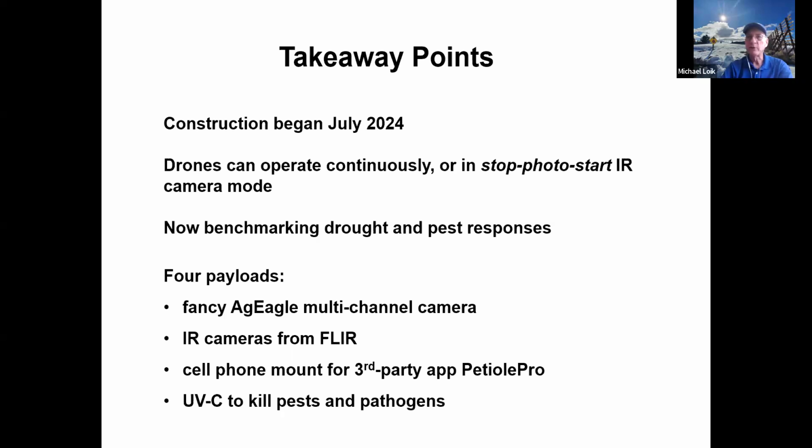So as I mentioned, we've built 4 payloads, one of which includes that fancy Ag Eagle multi-channel camera. The other being the infrared camera from FLIR that I showed you. We have one that carries a cell phone over top of the plants.